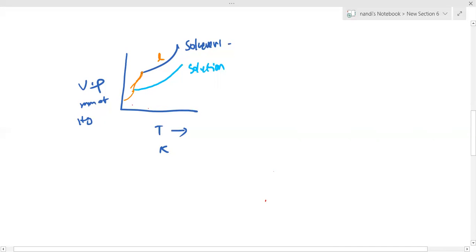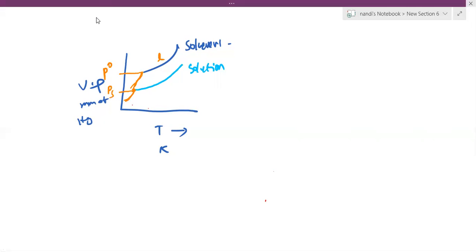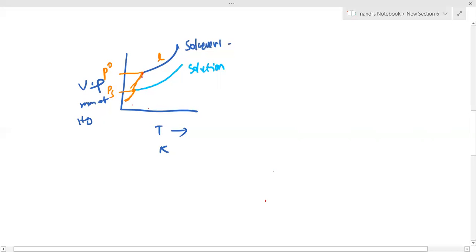We can check that at liquid and solid equilibrium, the vapor pressure is P naught. From here onwards, for the solution, the vapor pressure is PS. The corresponding temperatures we are writing: this is T naught, and this is T solution.